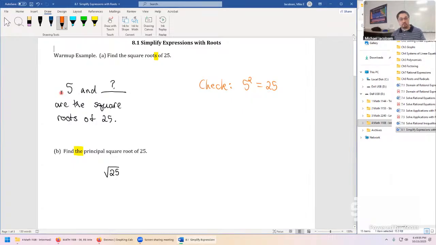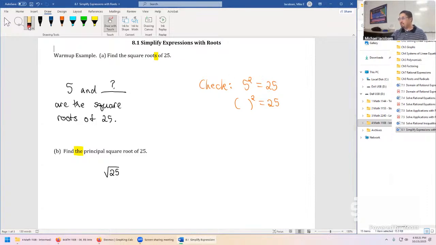But there's a number different from 5 that's also a square root of 25. Here's a big hint. Think of what the check would look like. Whatever goes where the question mark is, you'd raise it to the power of 2, and you have to get a 25. That's why 5, like you said, is an answer, because 5 squared is 25.